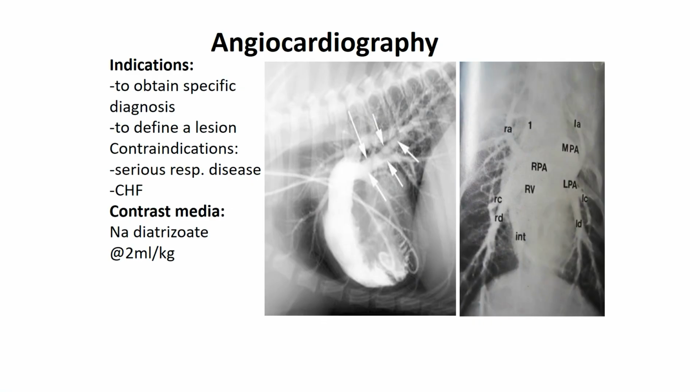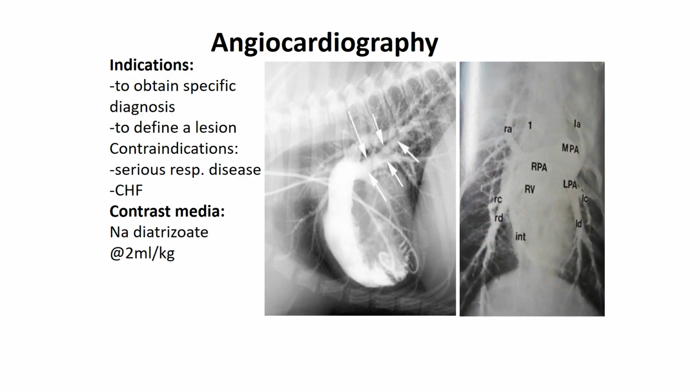For that, we have to use iodine based oily contrast media, approximately 5 to 30 ml in a small animal. This is a lateral view of a bronchogram. You can clearly appreciate the bronchial tree in the ventrodorsal view of a radiograph.